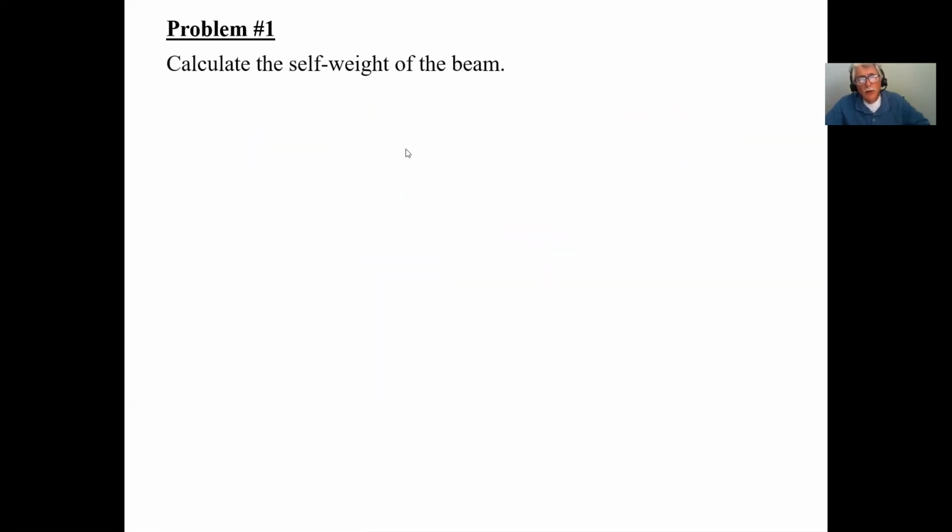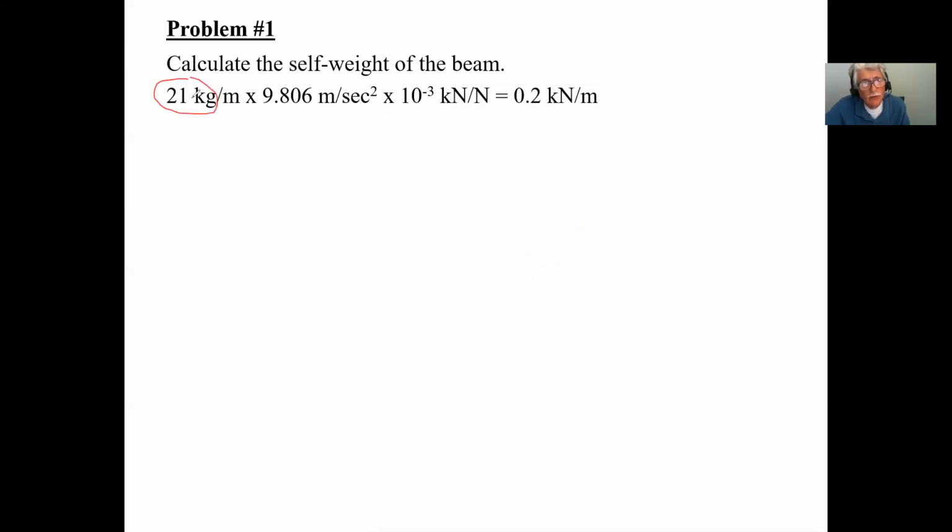So calculate the self-weight of the beam. Here you're going to have to convert the 21 kilograms per meter into some kind of kilonewton. In other words, you have to convert the mass into a force. And the way we do that, did they cover this in physics properly, is you just multiply by the acceleration of gravity, and that converts it into a force?